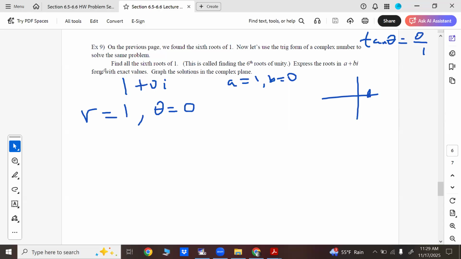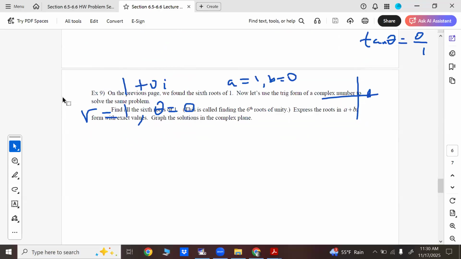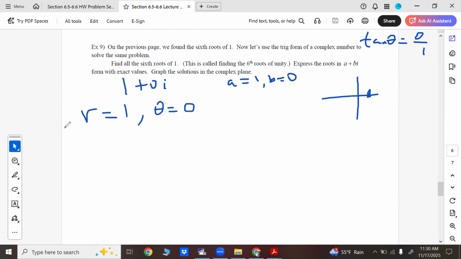So now what you do is this. You're going to find, we're going to call them Z1, Z2, Z3, Z4, Z5, and Z6.